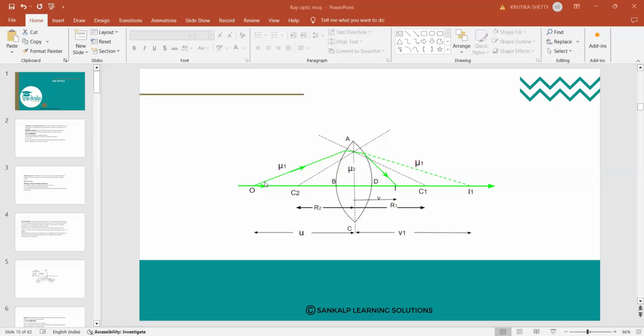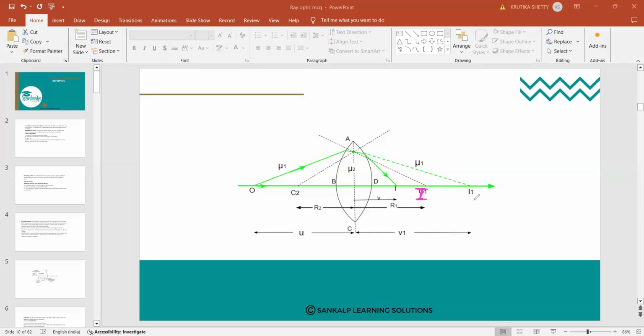O is the object. Then you are seeing the images. If you want, name the image as I, and make this as image I1.